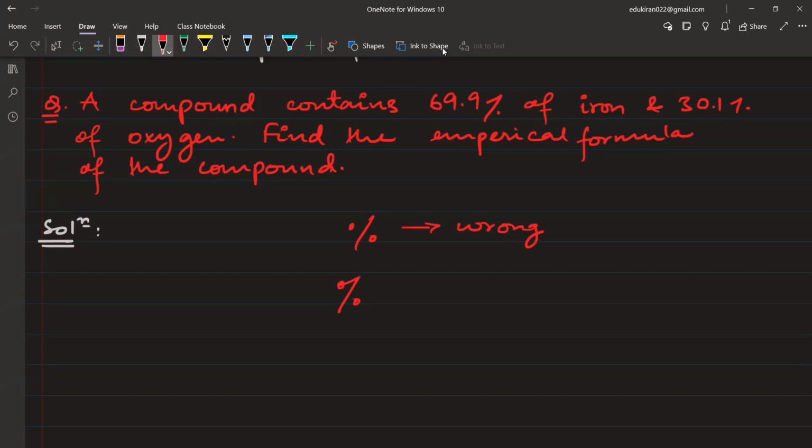This is the percentage symbol. Okay, so this is percentage. And the other one is 30.1%.